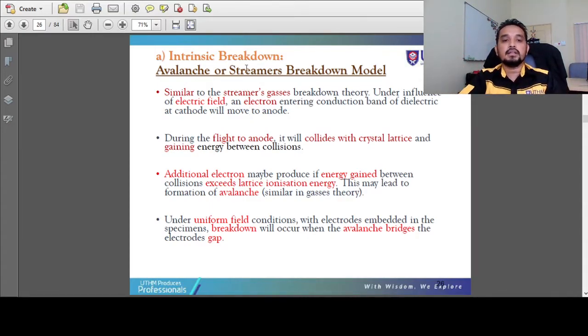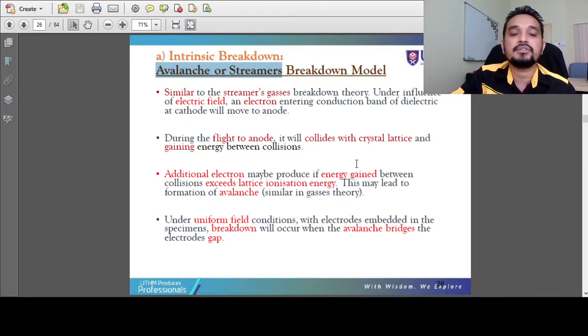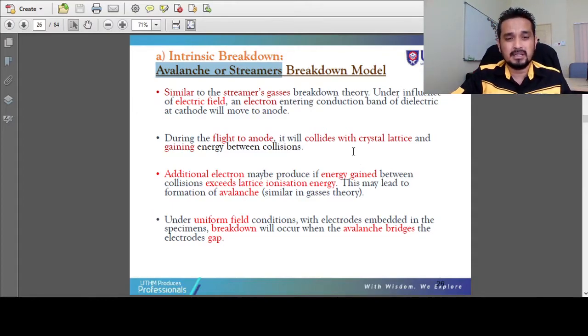That's why we call it avalanche or streamers. 1 will collide with 2, 2 will collide with 4, 4 will collide with 8, 8 will collide with so on. So this process will lead to this avalanche. That's why I call it a secondary process of the electronic breakdown.